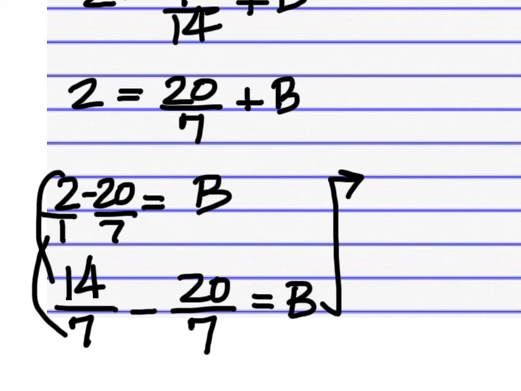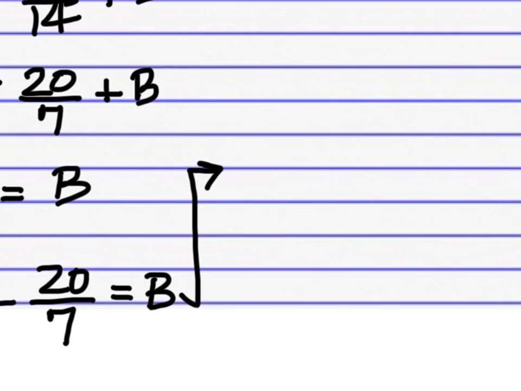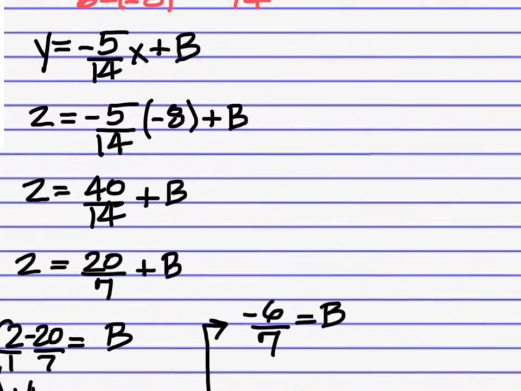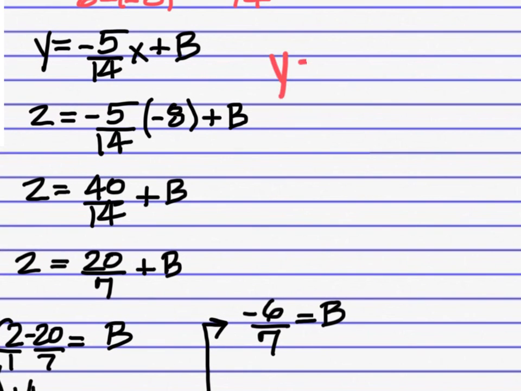So we'll finish over here. 14 minus 20 is a negative 6. So negative 6 over 7 is b. Come back up here to your formula, and you're going to have y equals a negative 5 over 14, written sloppily, x minus 6 over 7.